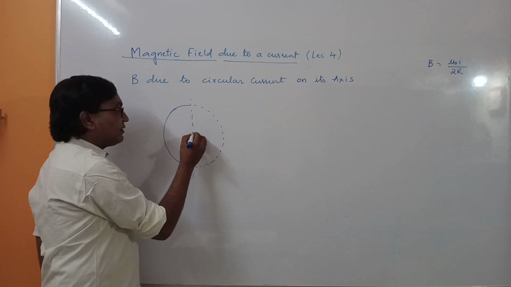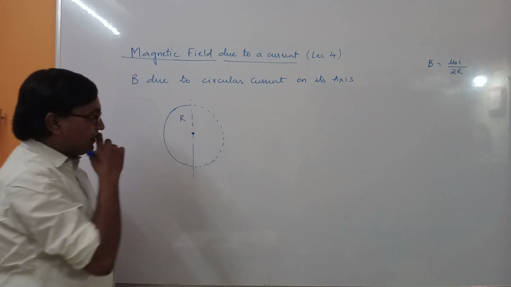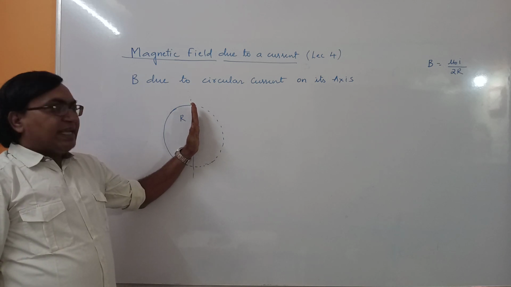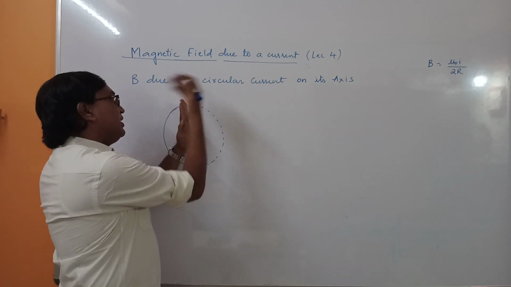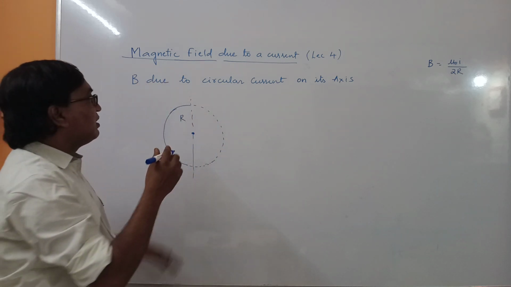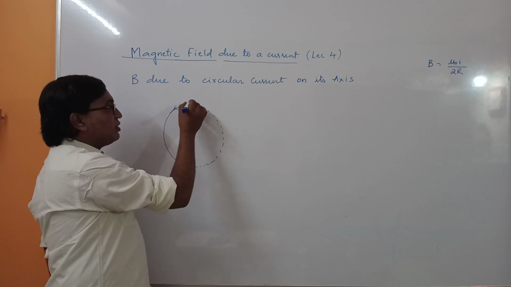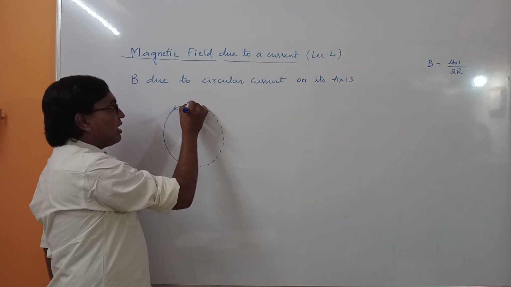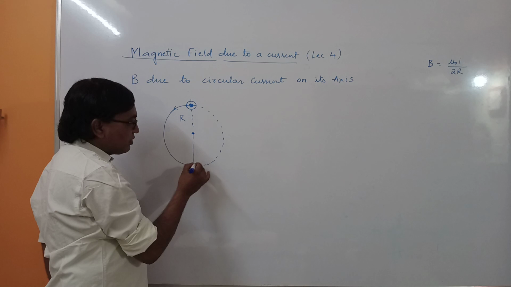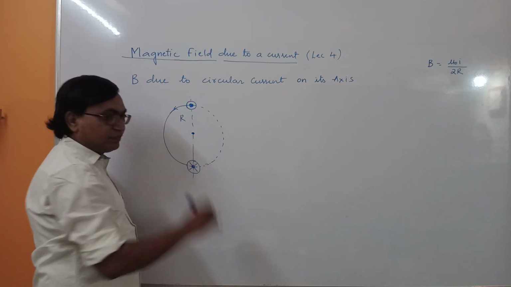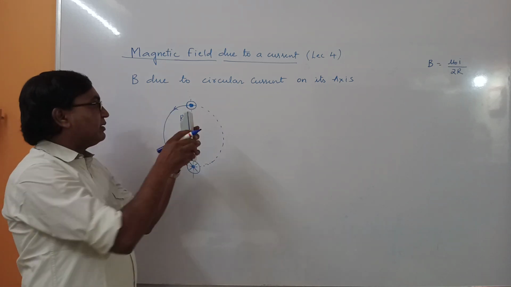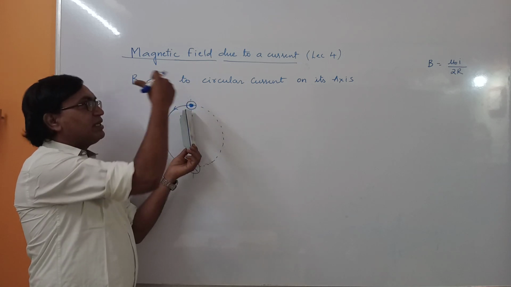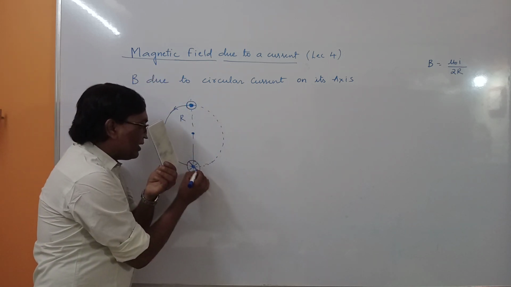Let us say this is the center and the radius is R. This loop is kept like this. Half of the part is inside the board, half of the part is outside the board. Let us say current is flowing like this. Here the current is coming outside at this point, and here the current is going inside. So the loop is like this. This is the circular part. This current is coming out and this current is going inside.